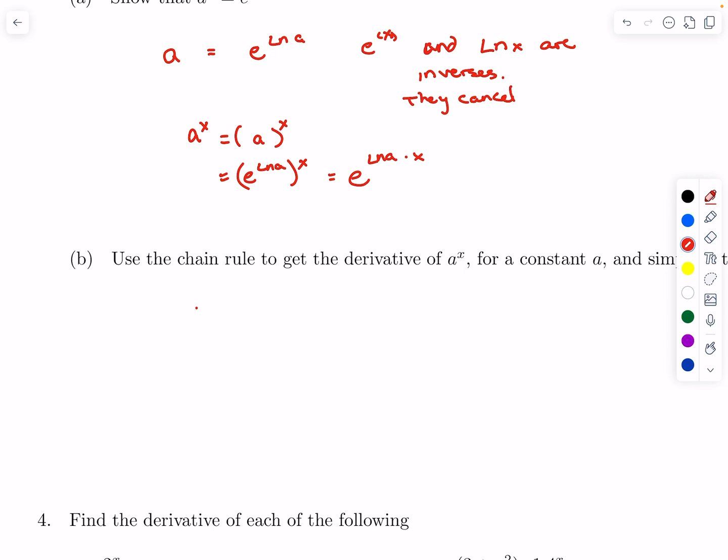The derivative of a to the x is going to be the derivative of e to the thing. So what's the derivative of e to the x? Let's just recall.